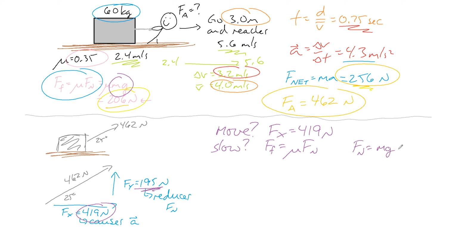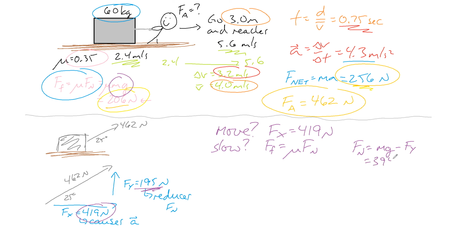I can just start with the weight of the box, the 60 times 9.81. But then I'm going to subtract how much he's pulling up with. I'm going to subtract that 195 from it because he's reducing the normal force between the ground and the box itself.